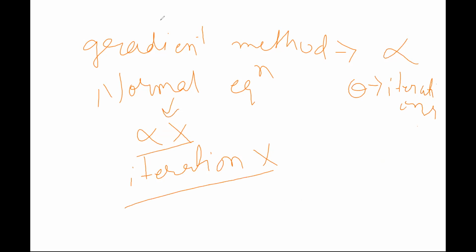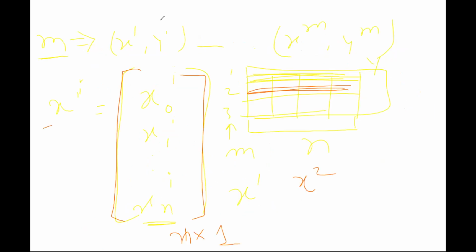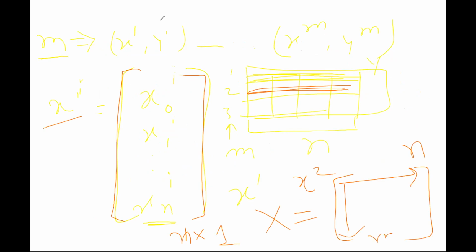But there is one problem. When you say x transpose into x, what will be its dimension? It will be n cross n. Here x is the complete matrix of all the features, so this is n plus 1, and this is your m value.